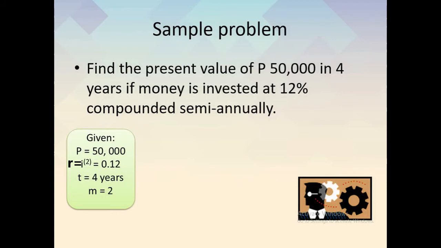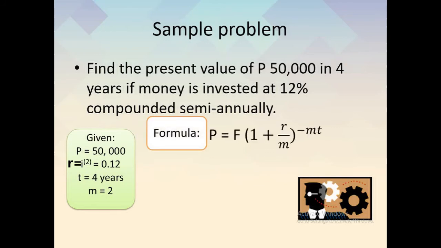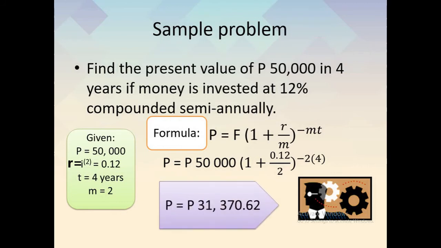Let's now use the formula. P is equal to F times the quantity 1 plus r over m to the power of negative m times t. P is equal to 50,000 pesos times the quantity 1 plus 0.12 over 2 to the power of negative 2 times 4. So the principal is equal to 31,370 pesos and 62 centavos.